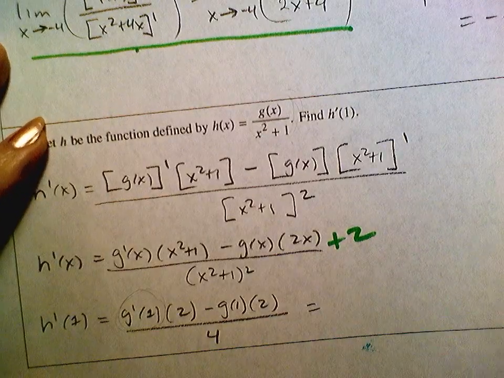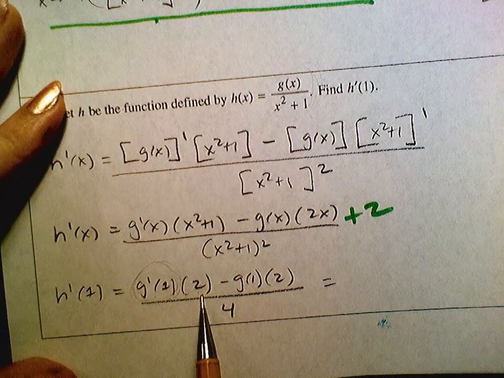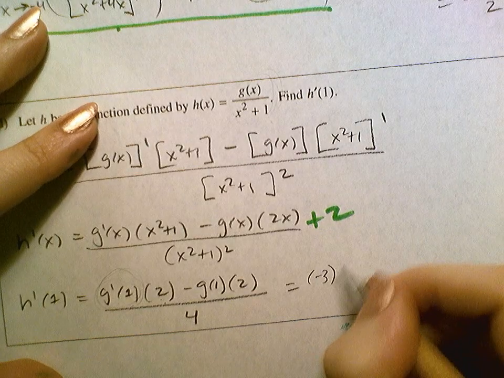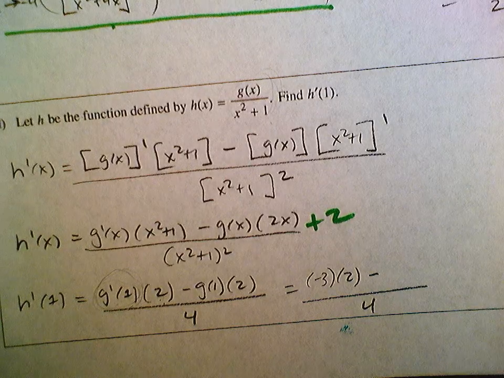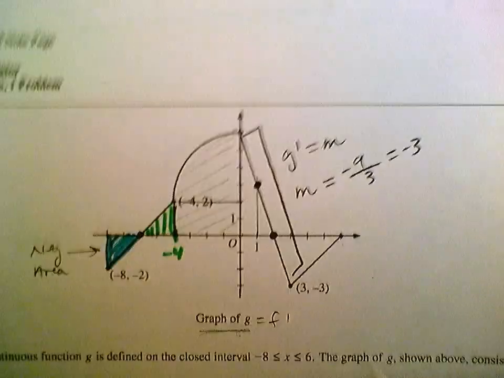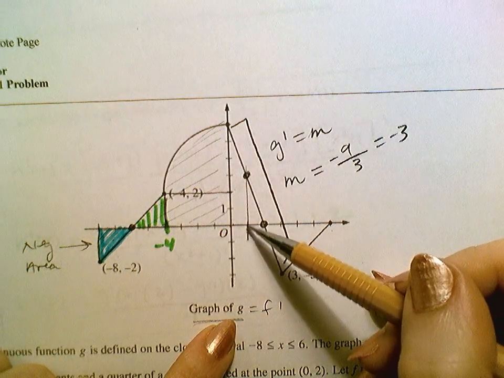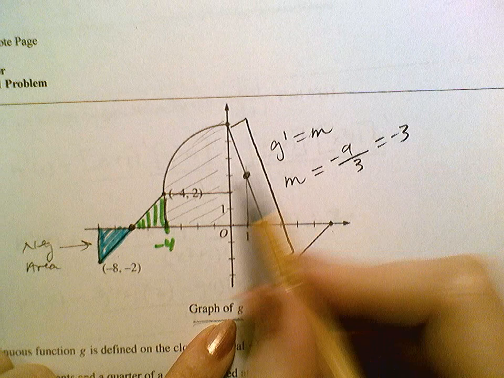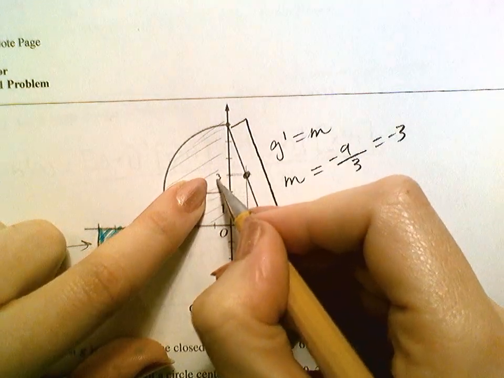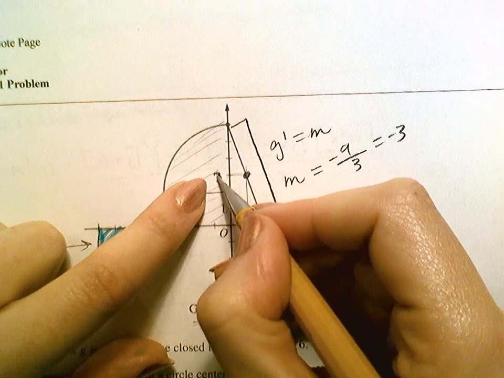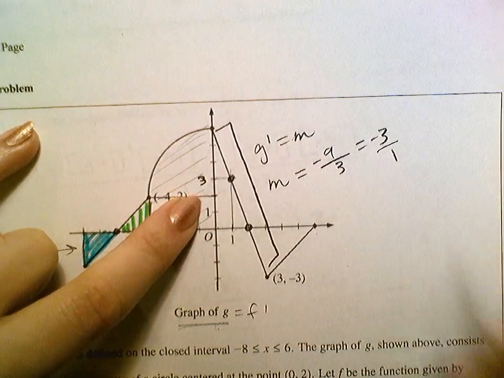Okay, so this is equal to negative 3 times 2 minus, let me just write it out. Now I need g of 1. This is actually the graph of g, so I go to 1. It looks like that y value is 3, but let me just use the slope to be sure.